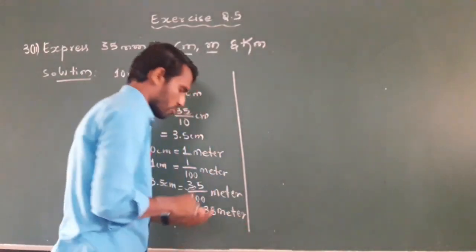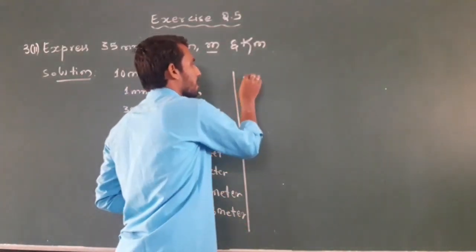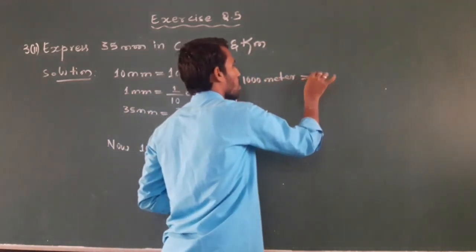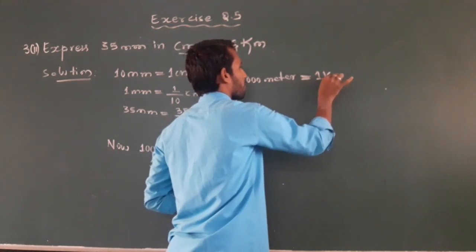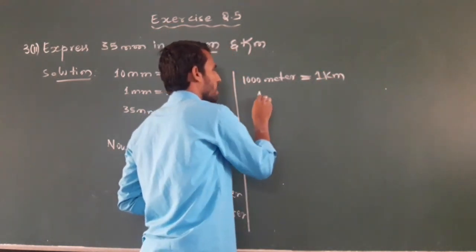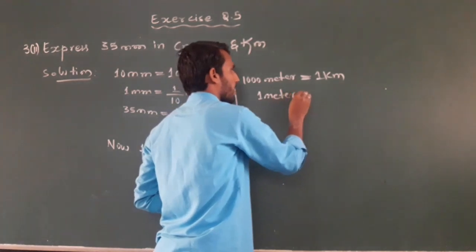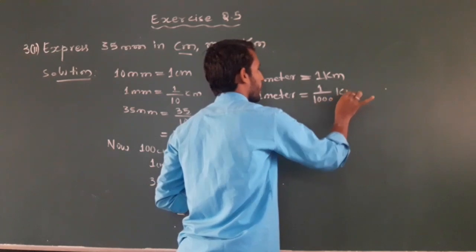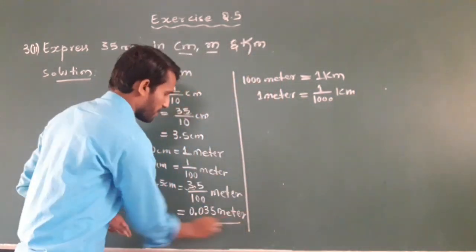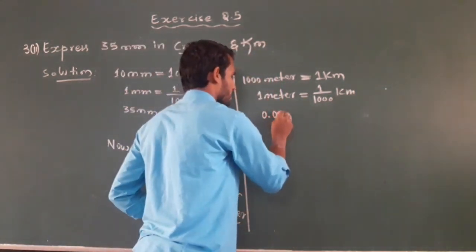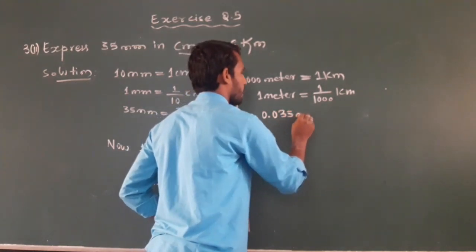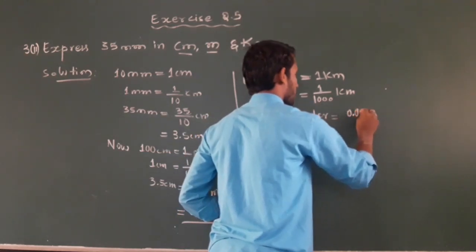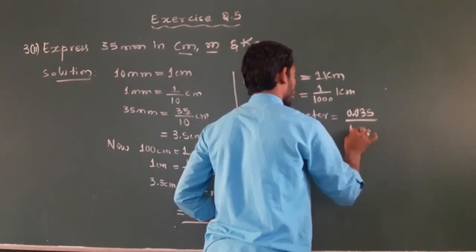Next, kilometer. Dear friend, as you know, 1000 meter equal to 1 kilometer. Then 1 meter equal to 1 by 1000 kilometer. We have 0.035 meter equal to 0.035 by 1000.